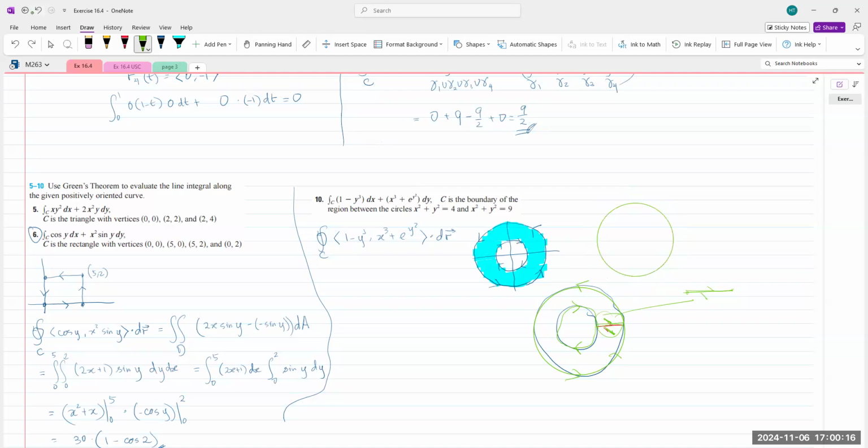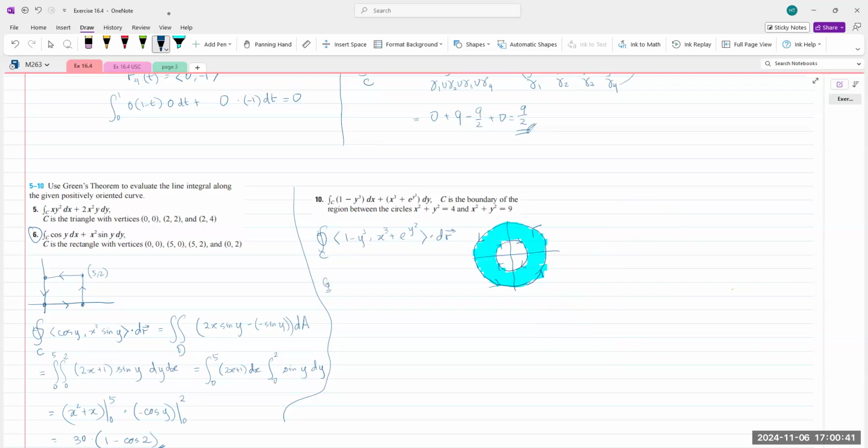I don't want that to justify. And then it goes this way. No, that's not what I want. And then cut back in like that. Okay, so now that's the idea. So that just justifies why we can use Green's theorem.